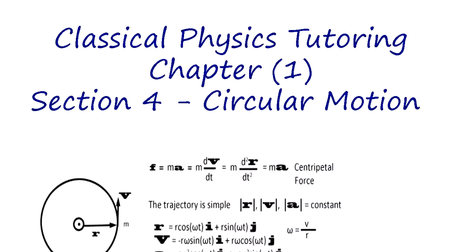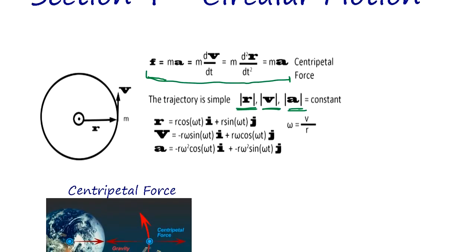The equation of this motion is F equals ma, and if the trajectory is simple, r is constant, v is constant, and a is constant, then the trajectory equation is going to be r. Then we take a derivative to get v, and we take a derivative again to get a.